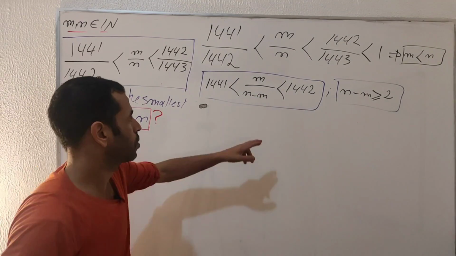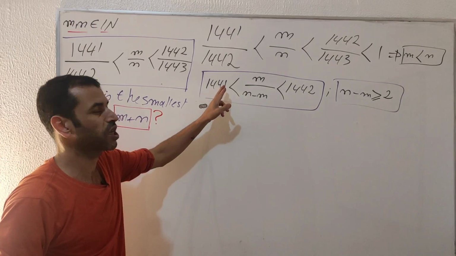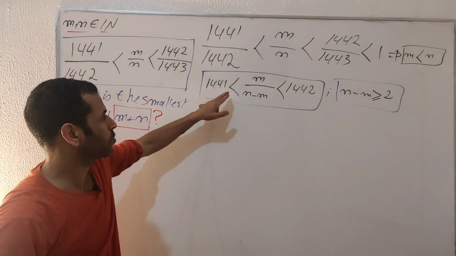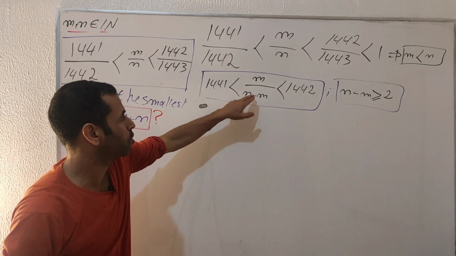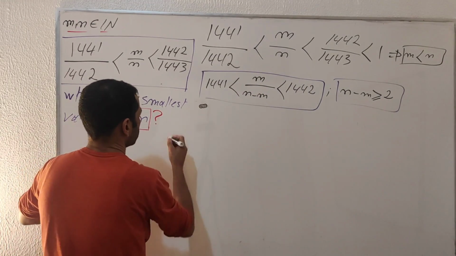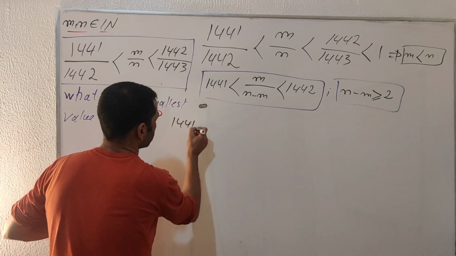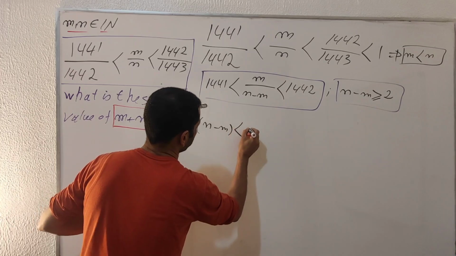By using this inequality, especially the left hand side, by crossing the multiplication, I get this term 1441 multiplied by n minus m is strictly inferior than m.